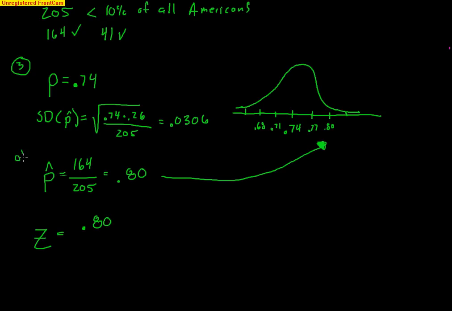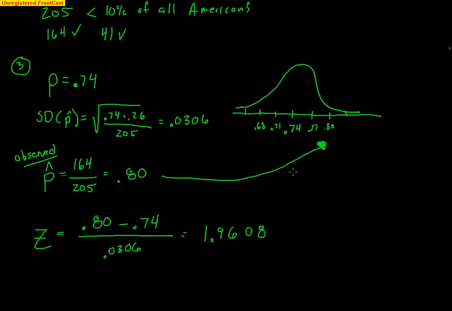Remember, this is what we observed, 0.8, minus what we were hoping to see, the expected mean, 0.74, divided by 0.0306, our standard deviation. When I do that, I get 0.06 on top. I divide that by 0.0306 on the bottom, and I get a z-score of 1.9608. Now store that on your calculator. You're probably going to want to keep that number.